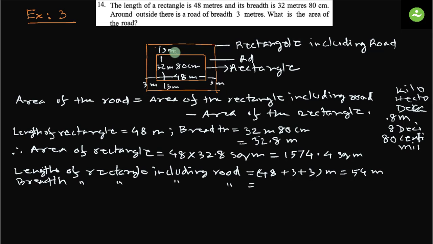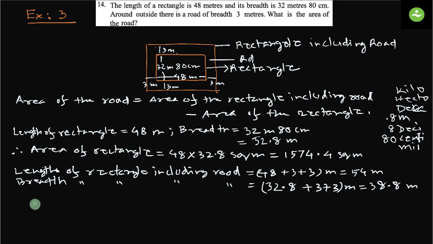Everywhere the breadth is 3 meters, so we can add it. So the breadth of the rectangle including road is 32.8 plus 3 plus 3, which is 38.8 meters.